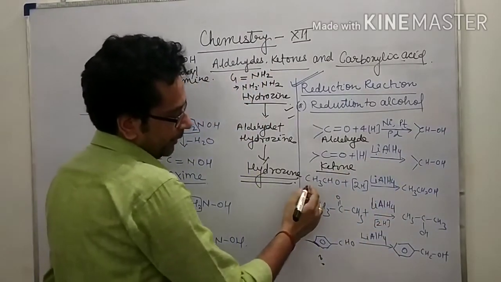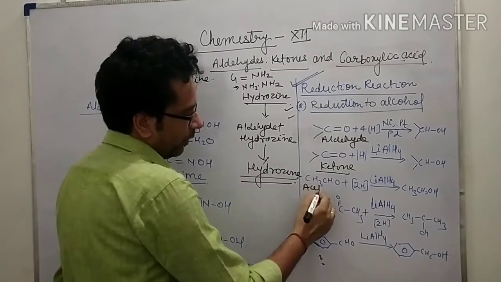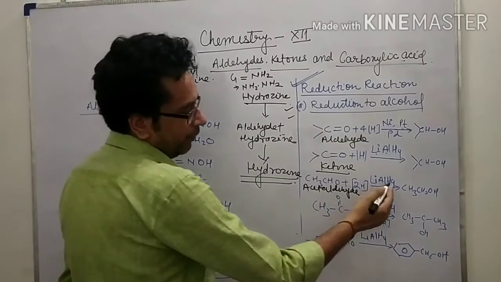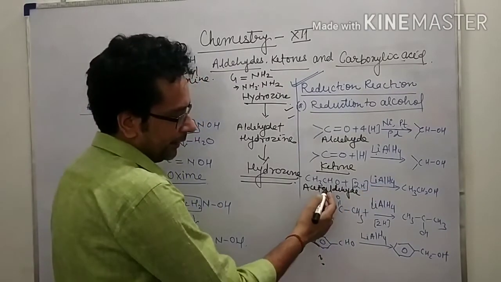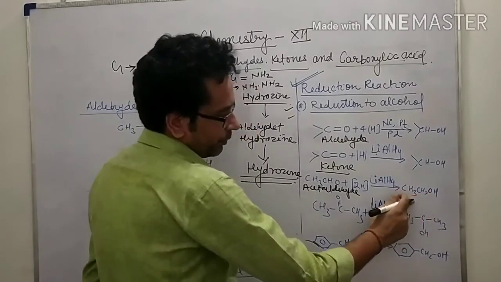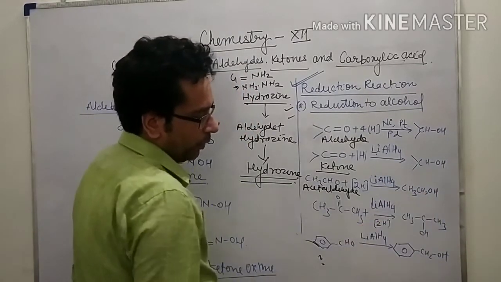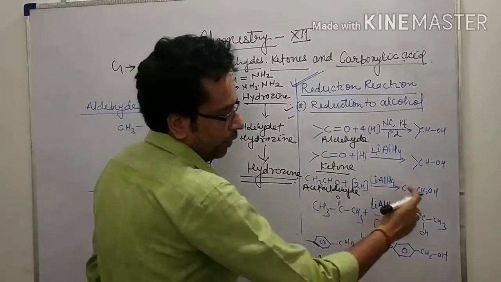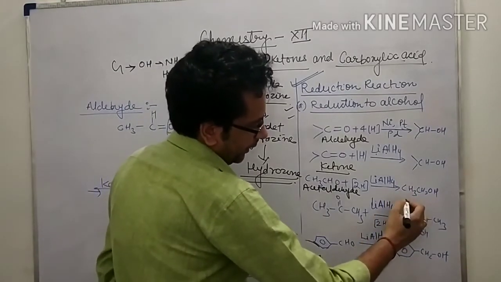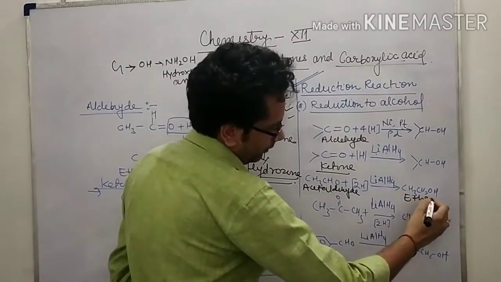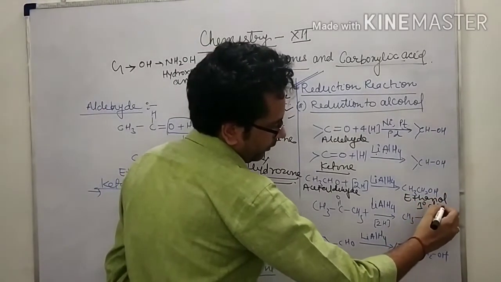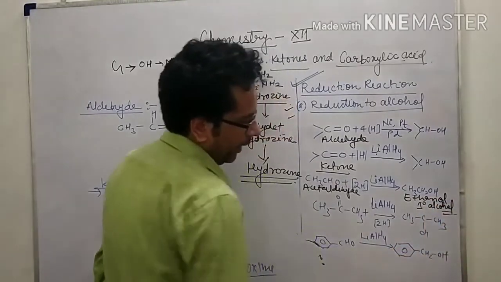Now look here, this is acetaldehyde. Lithium aluminum hydride reduces acetaldehyde to ethanol, that is ethyl alcohol, and it is a 1 degree alcohol.